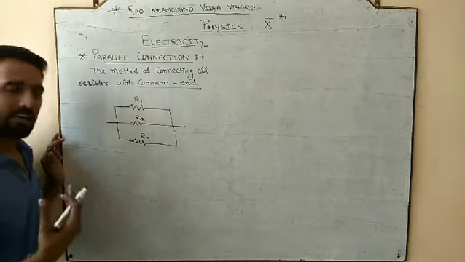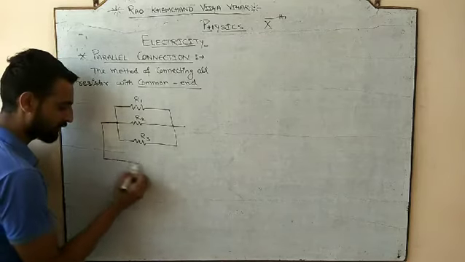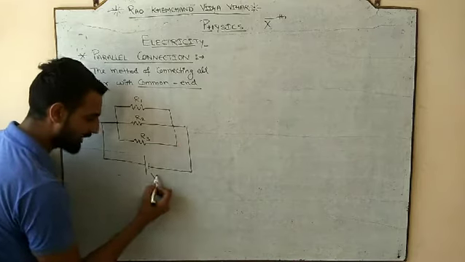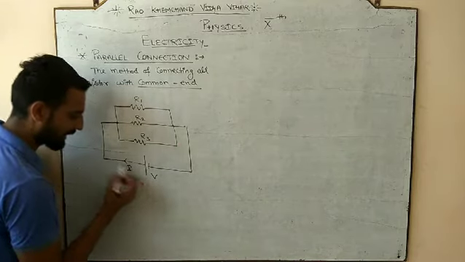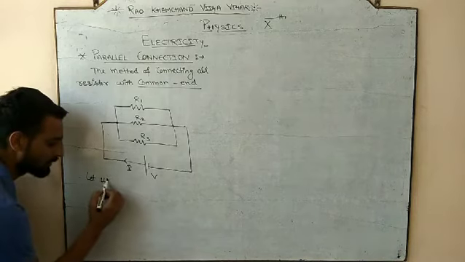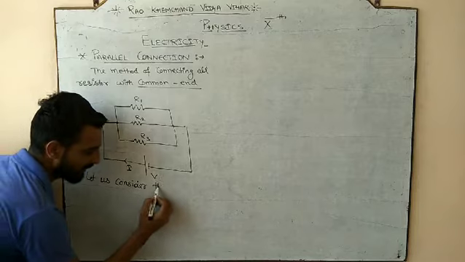So now we are again going to find out the net opposition of this circuit. So we will again use a battery of potential V, which provides us the current I. So again, let us consider three resistors.